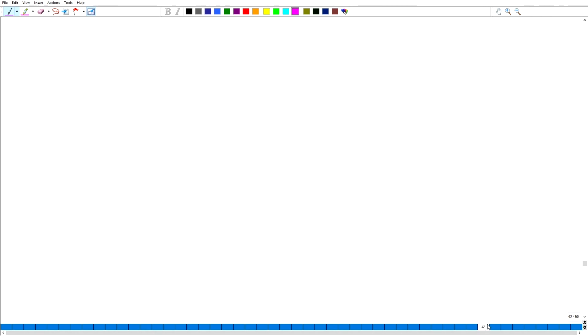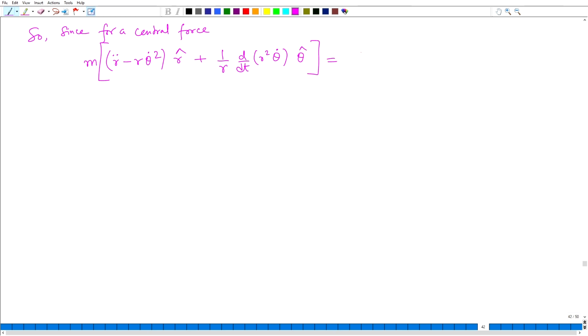I can say, since for a central force, m times (r double dot minus r theta dot square) r cap, I am just writing like this, plus 1 by r d/dt of r square theta dot theta cap is equal to F r cap, then I have two immediate conclusions.